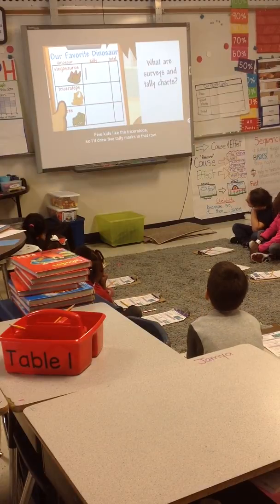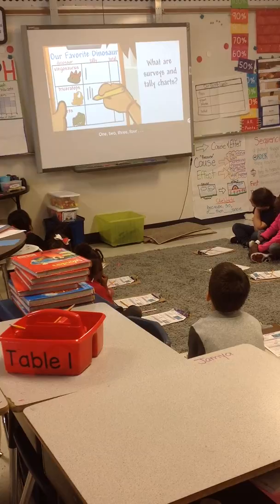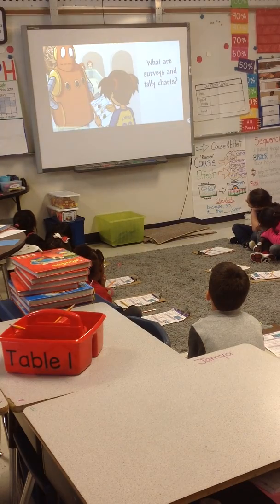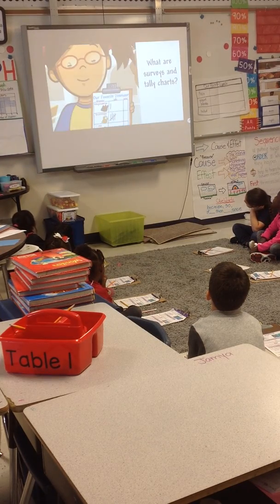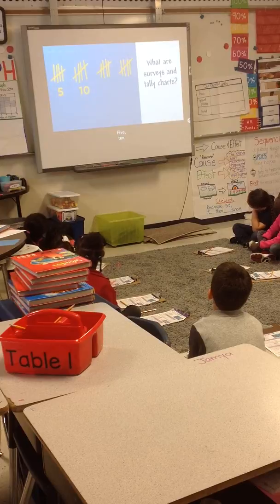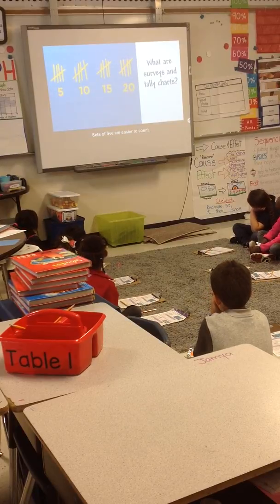So I'll draw 5 tally marks in that row. 1, 2, 3, 4. The 5th mark is drawn across the other 4. Well, when you group the tally marks by 5s, you can count by 5s. 5, 10, 15, 20. Sets of 5s are easier to count.